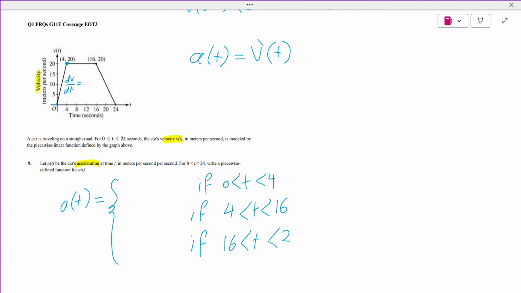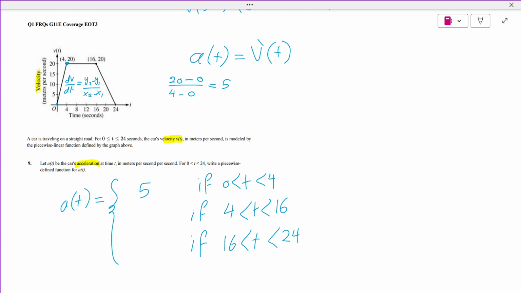to 24. Okay, for the first one, it will be the slope. It will be y2 minus y1 over x2 minus x1 between the given 2 points. So this is going to be 20 minus 0 over 4 minus 0, which is 5. So here, this is 5.